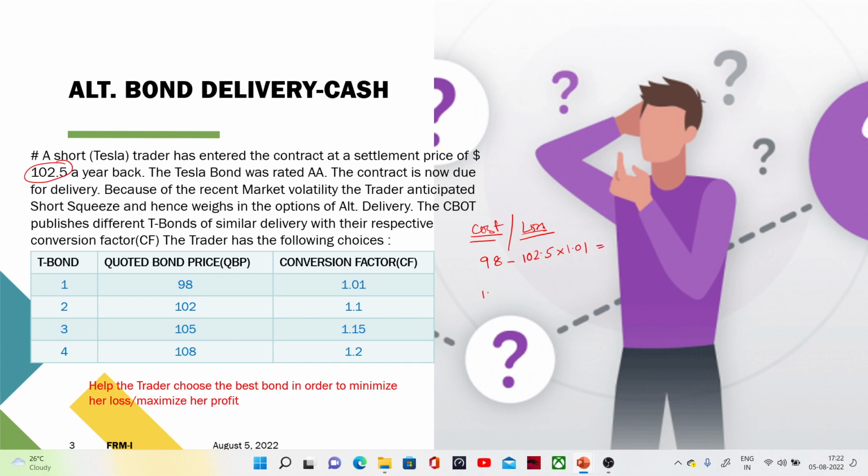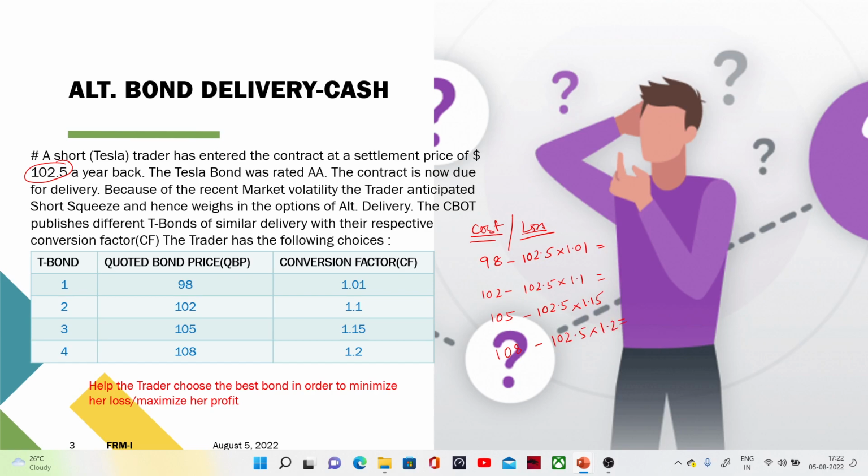Choice number 2 is 102 minus 102.5 into 1.1. The calculation for choice number 3 becomes 105 minus 102.5, which is the settlement price, into 1.15, which is the conversion factor. And then it is 108 minus 102.5 into 1.2.